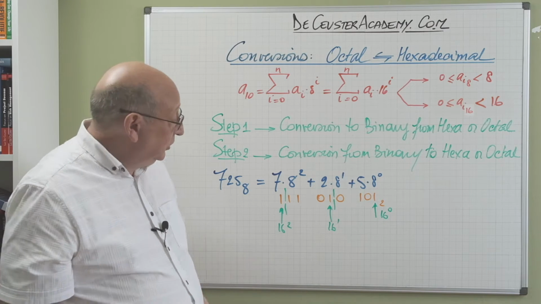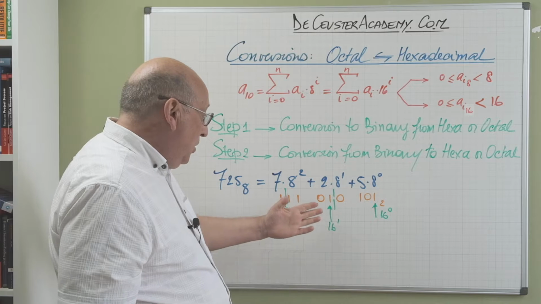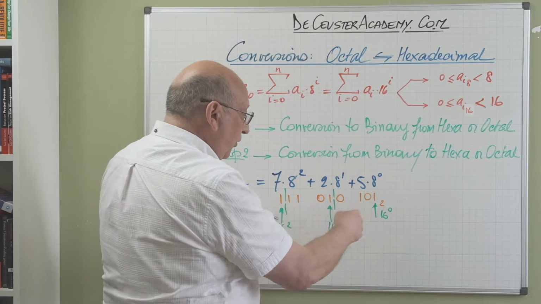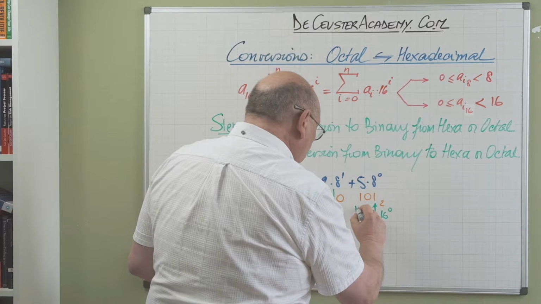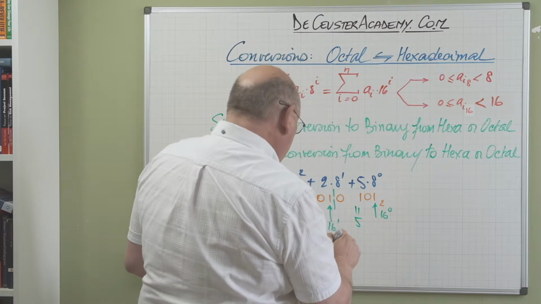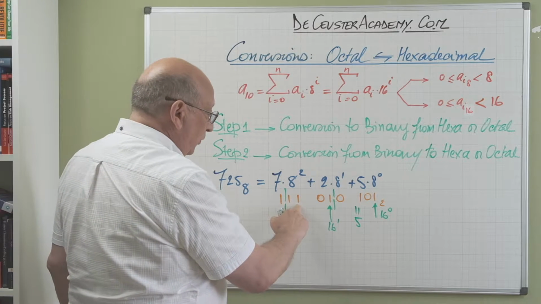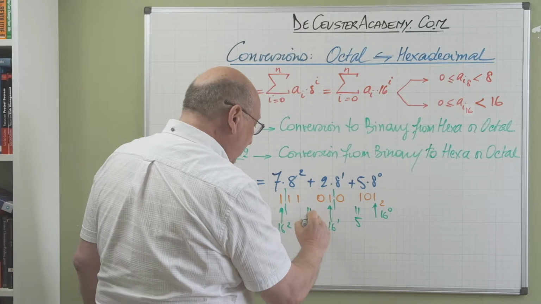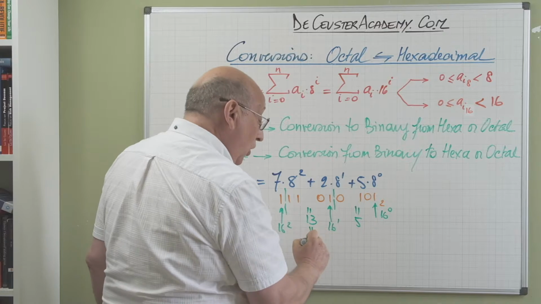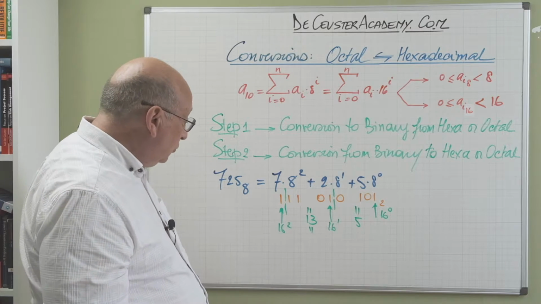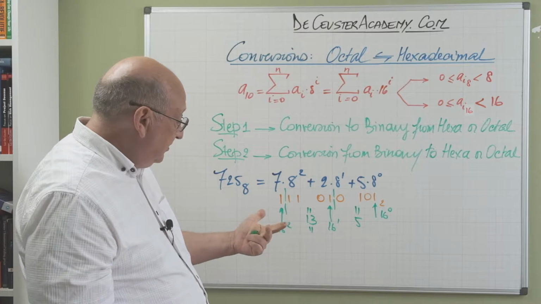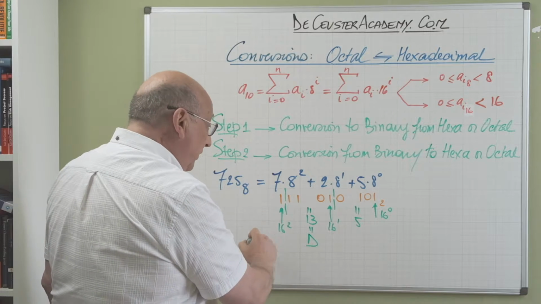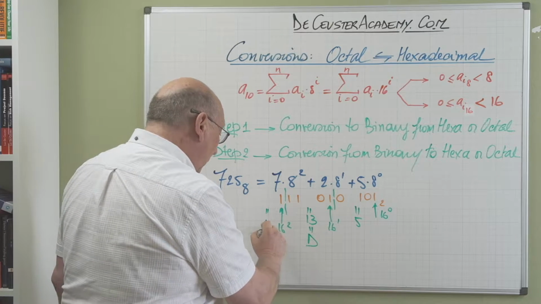Now we have to write the coefficients. What are the coefficients that we find here? Here we have 0, 1, 0, 1, so this is 4 plus 1, which is 5. Here we have 8 plus 4 is 12, plus 1 is 13, and 13 we know is equal to D, since A, B, C, D. And the last number is 1, so this is equal to 1.